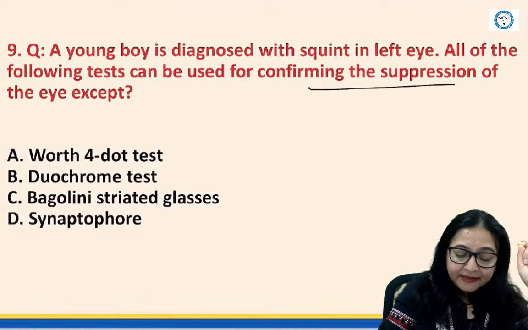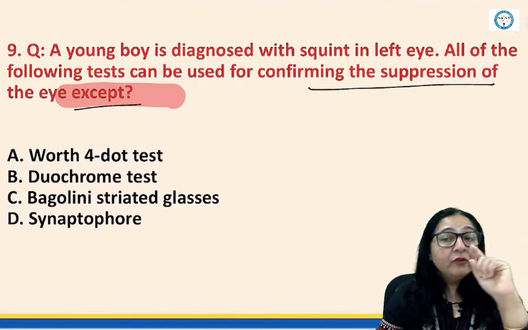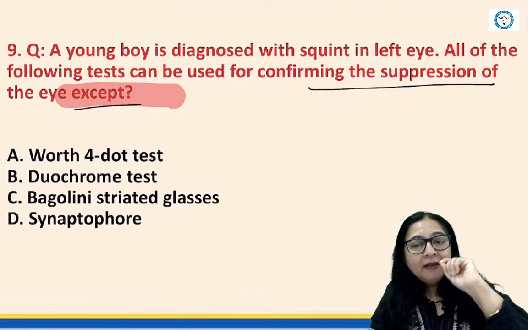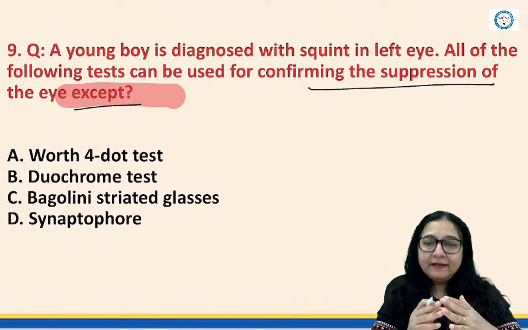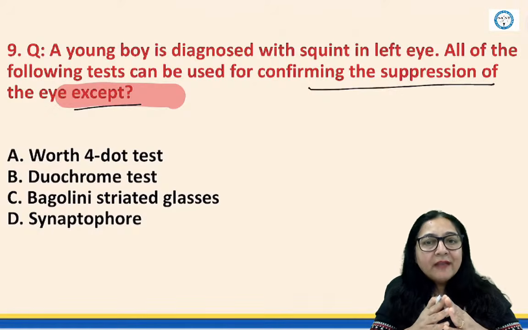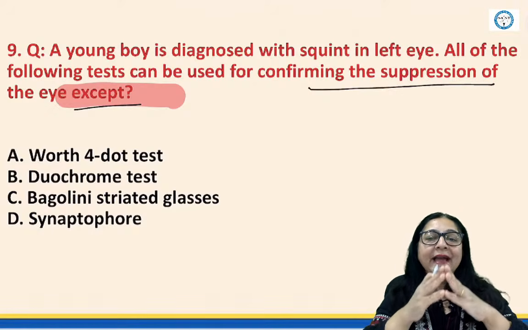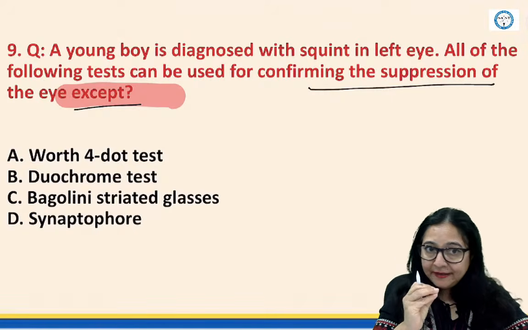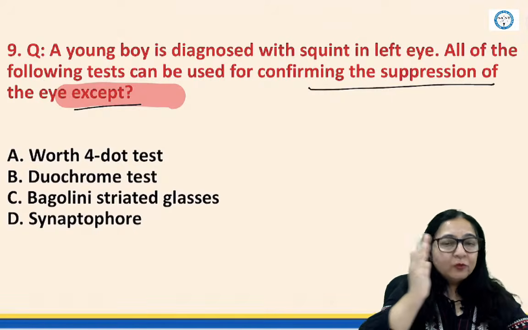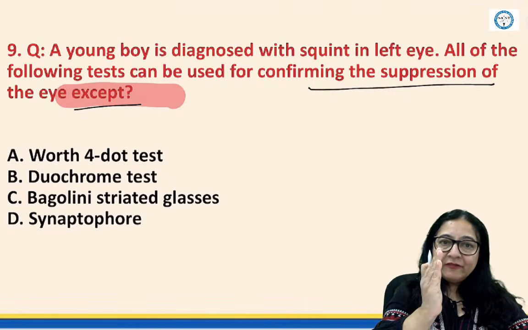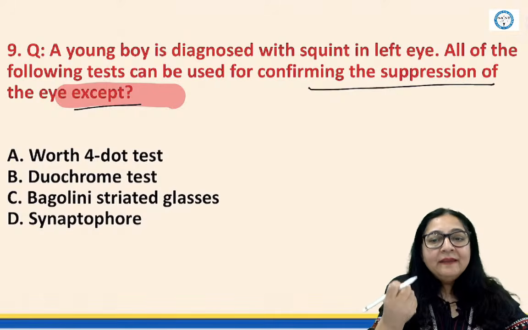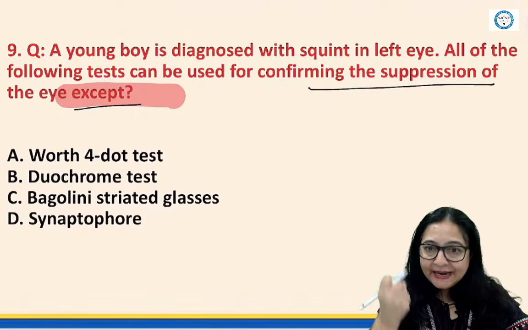In questions where except comes, beta, read very carefully the last line of the question, what they are asking. So a patient who is having a squint, you know that can cause suppression of the vision in the squinted eye because the squinted eye does not take the central fixation, and if the squint is not corrected, the brain starts suppressing the image of that eye.